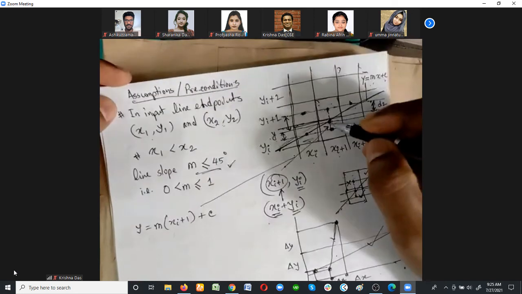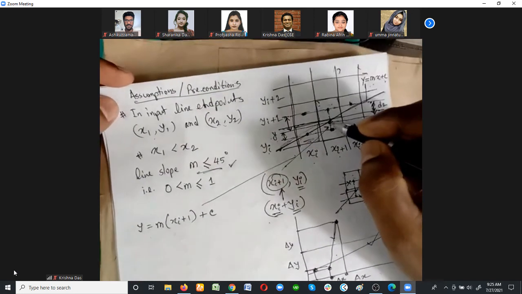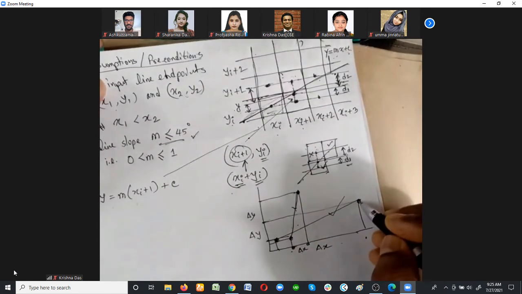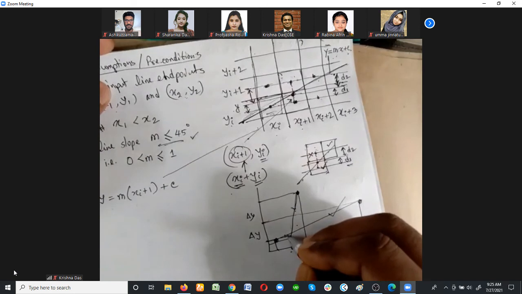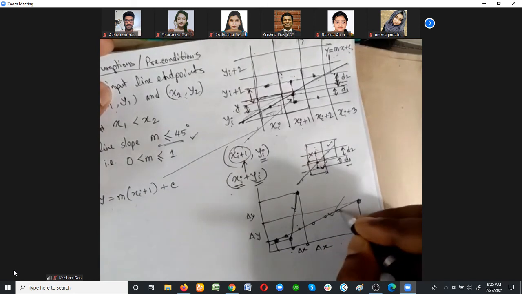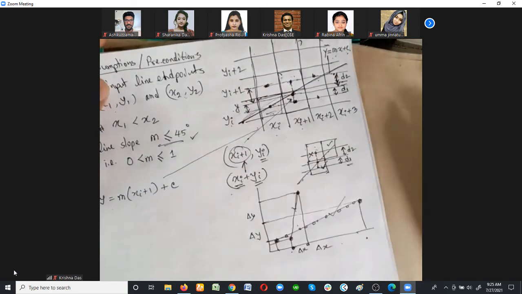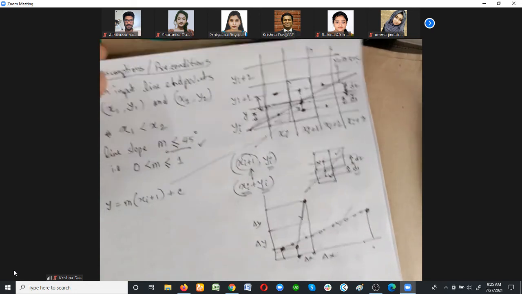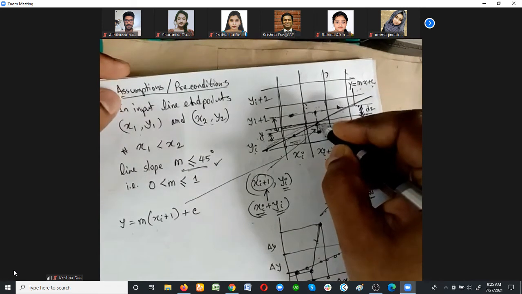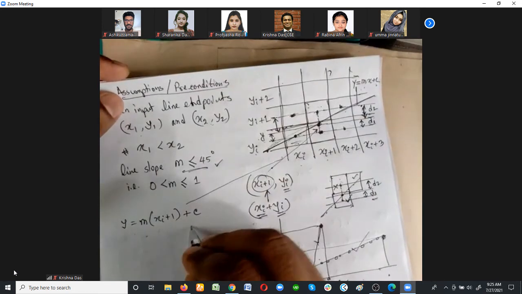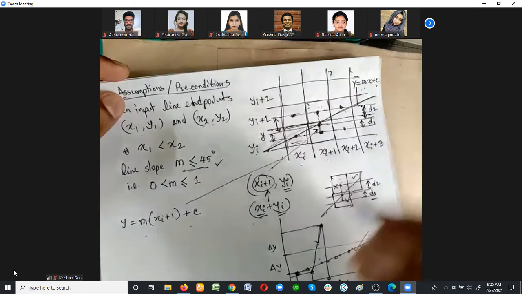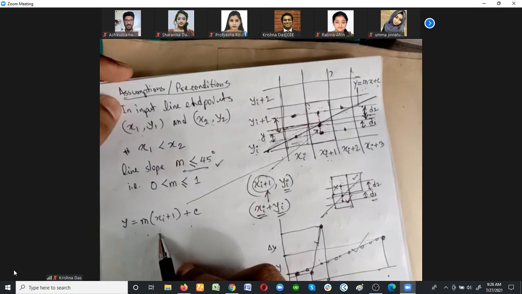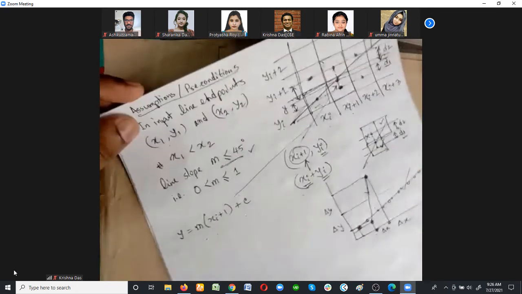If this is the equation of the line, it is true for any point; whenever y equals mx plus c, whatever we have on the line, that equation is true for every point. Only the values of x and y change. For the same case, the line equation I have taken is y equal to mx plus c, and the x coordinate value is xi plus 1. That is why the equation looks like that. Do you get it?